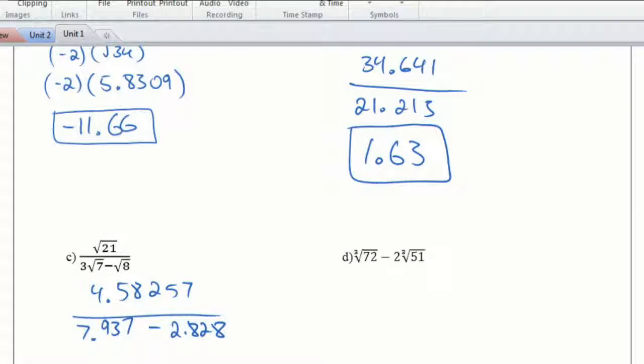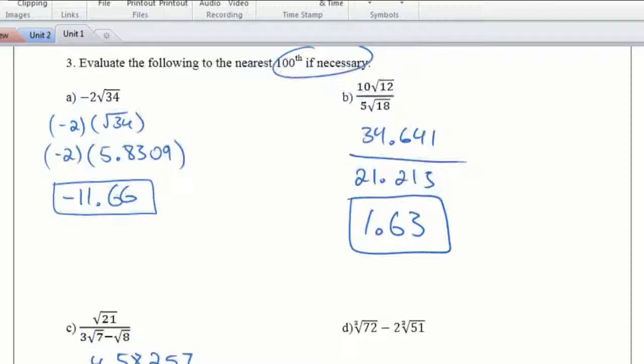Now, I divided by 21.213, but it's 21.251. Did I punch in 5 root 18? I get 21.213. I get the same thing on the bottom, Alex. You might have maybe punched something in.